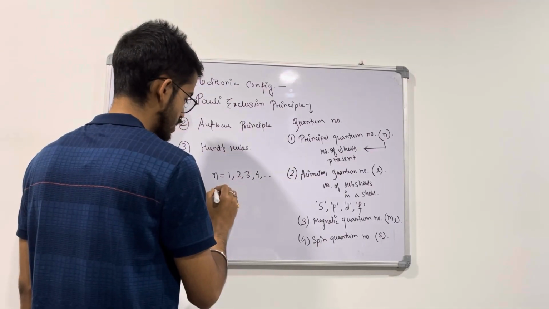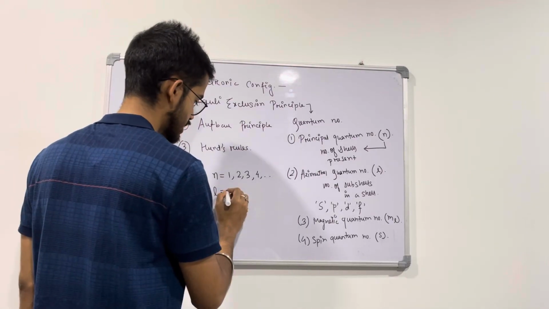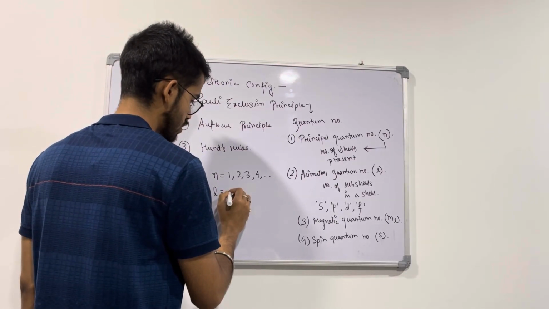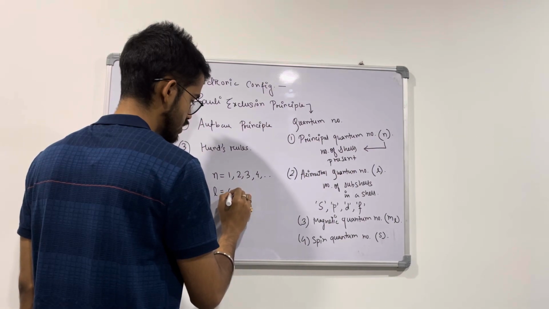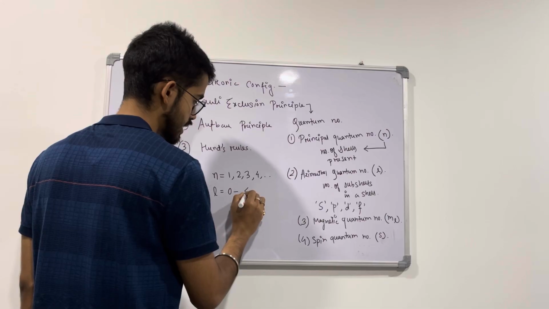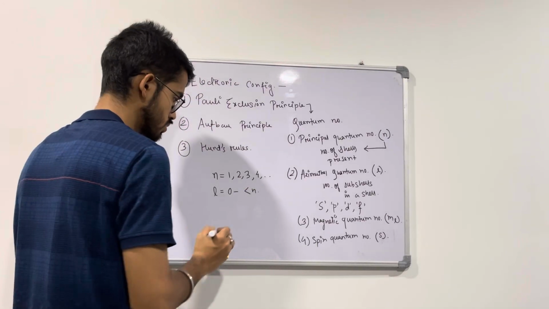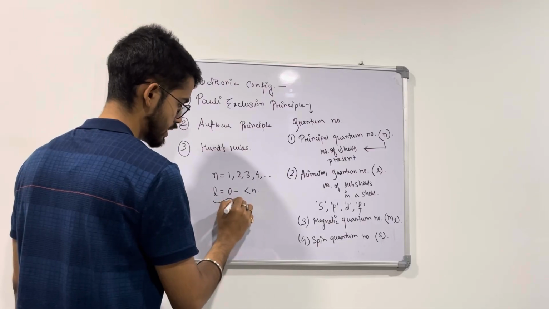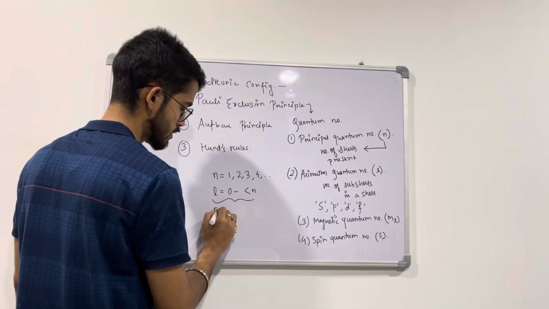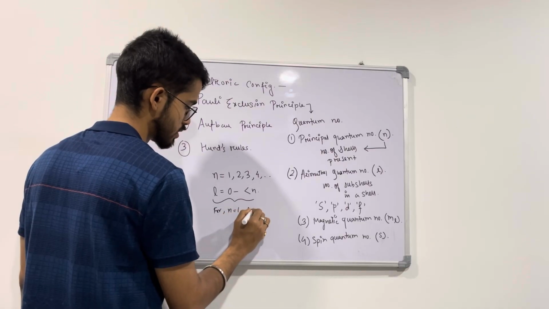Similarly, for the azimuthal quantum number of subcells, these are given by 0 to less than n. So what does it mean? This means for n is equal to 1, l is equal to 0.